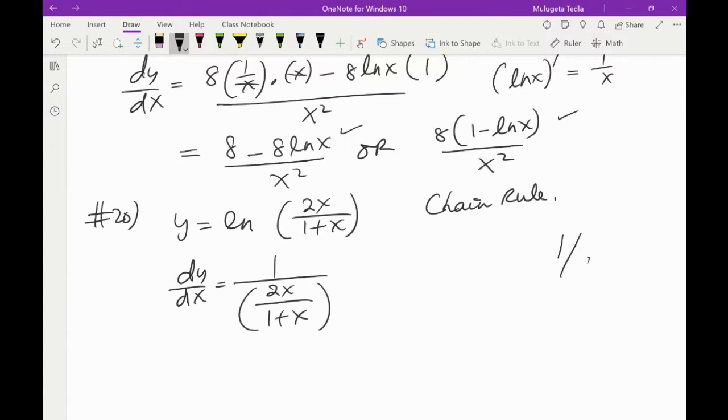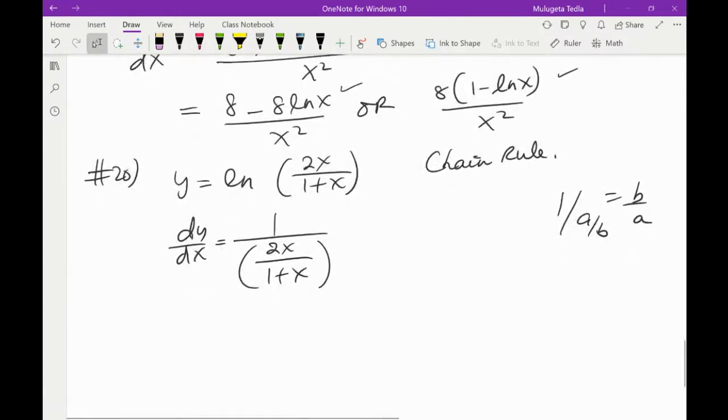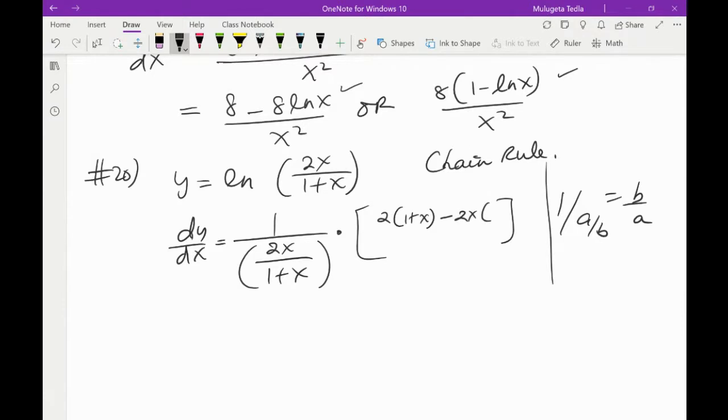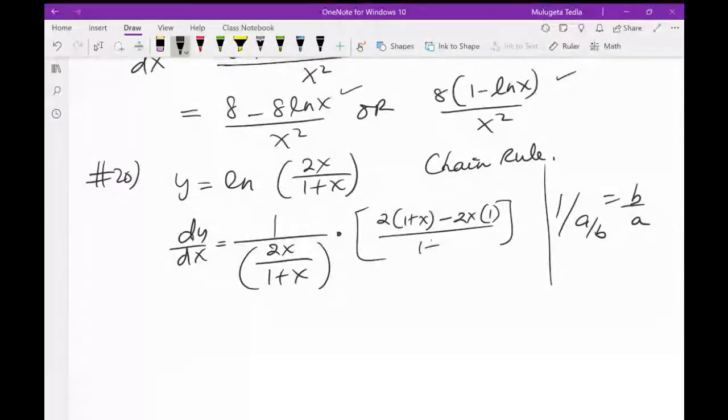Obviously, 1 over a fraction a over b is b over a, right? So you can immediately flip it, times the derivative of that, which is quotient rule. The derivative of the top is 2 times the denominator, minus the top times the derivative of the denominator, which is 1, over 1 plus x the whole squared.